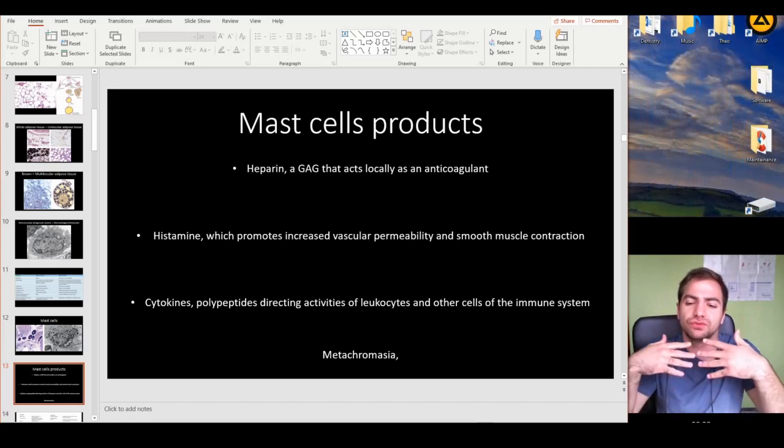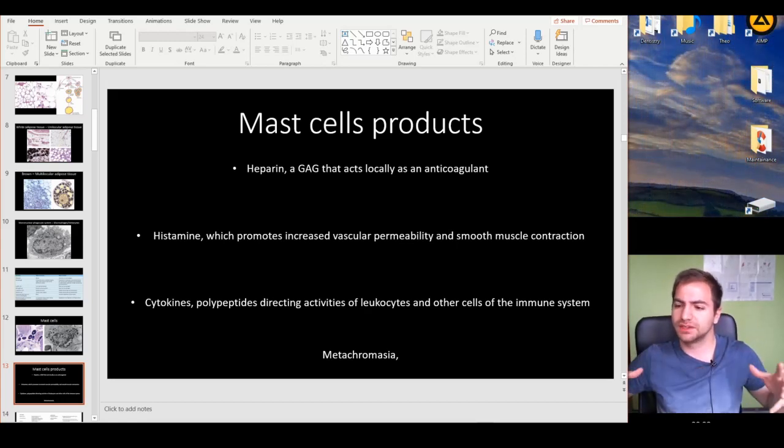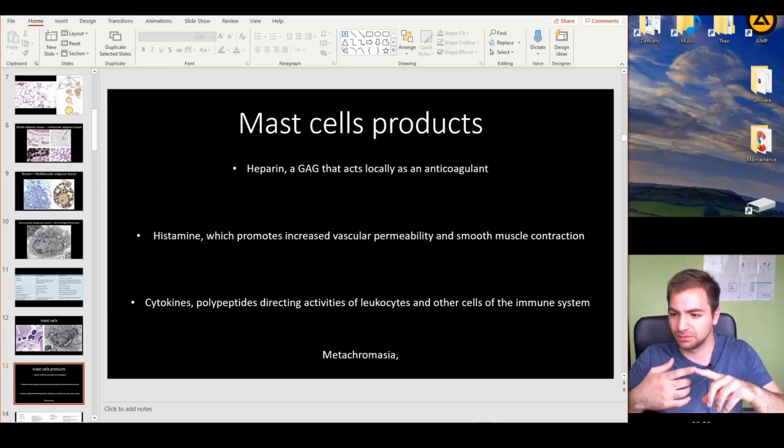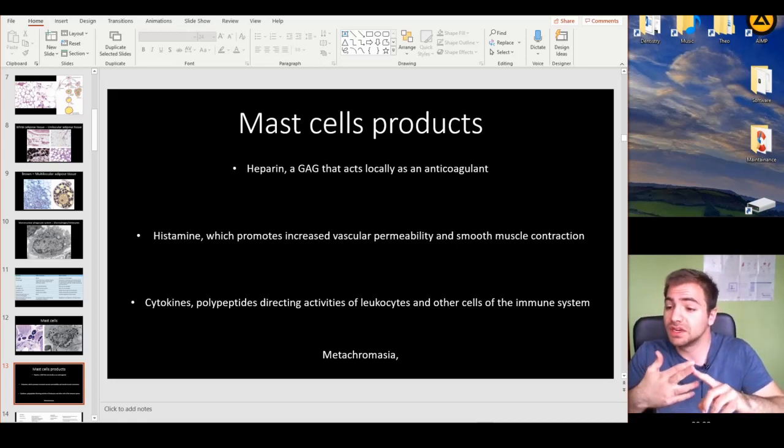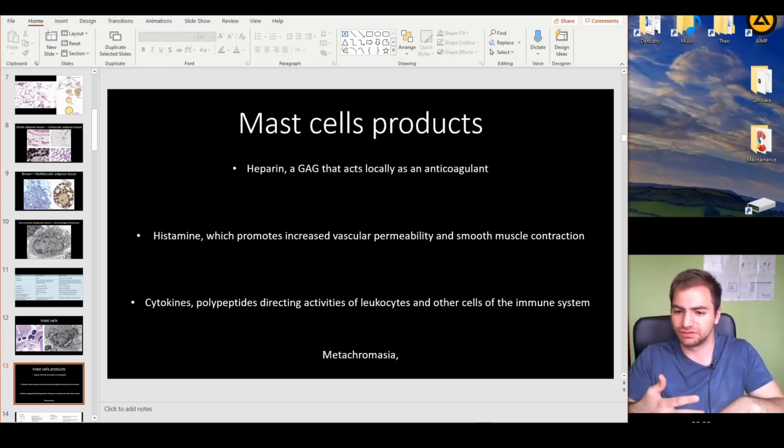Now, if we actually see mast cells in a wider range, in the general picture, we can see that these cells are actually orchestrators of many different functions. They can be pro-inflammatory. They can induce pro-inflammatory markings. They can inhibit inflammatory markings. They have anti-inflammatory functions, pro-inflammatory functions, reparatory functions.